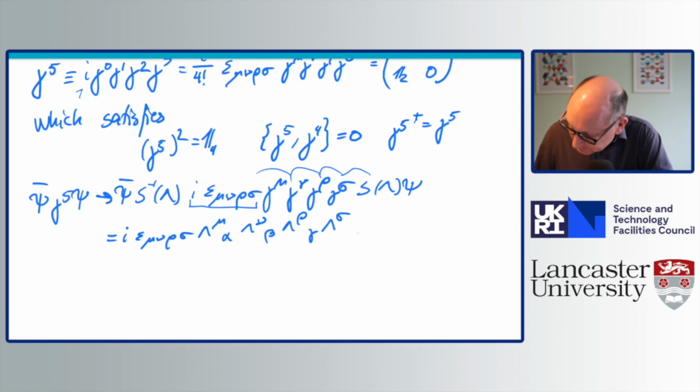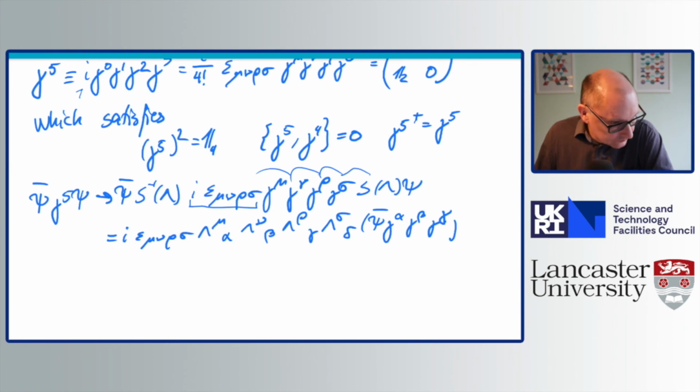And then we get a psi bar gamma alpha gamma beta gamma gamma and gamma delta on psi.